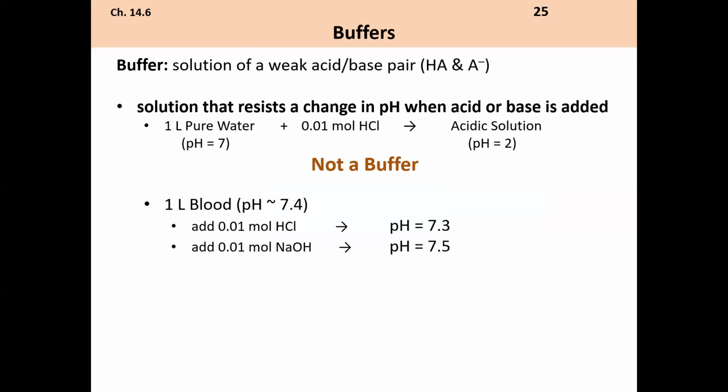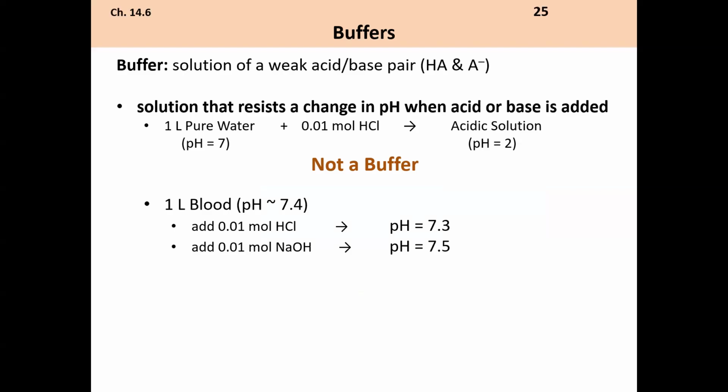But my blood is a buffer. My blood has a pH of about 7.4. If we took some blood and we added in some HCl, it might change to 7.3. Or if I added in some NaOH, a base, it may change to 7.5.